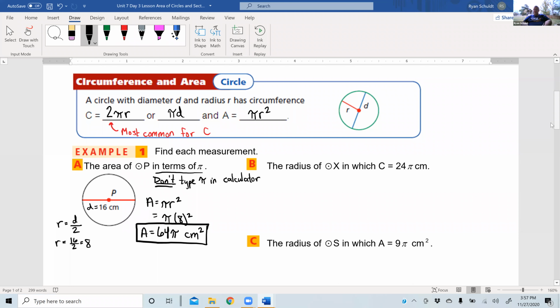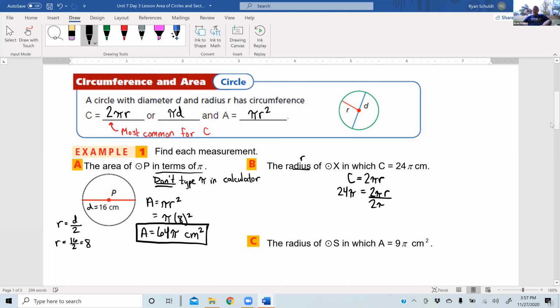Okay, B, find the radius of circle X where C is equal to 24 pi centimeters. Okay, well, let's use the formula for C that has r in it. So 2 pi r. They tell me that C is 24 pi. So I'm going to write that there. 24 pi equals 2 pi r.